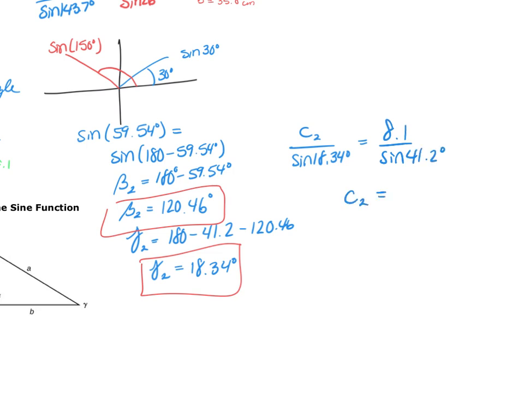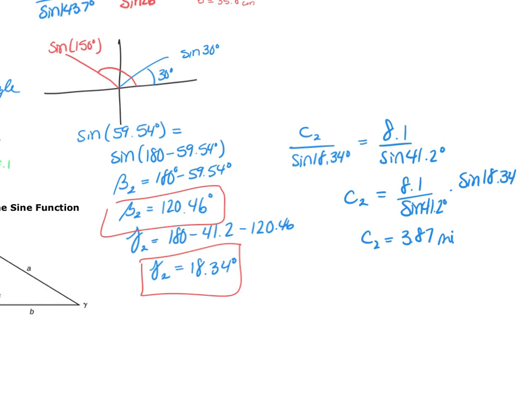So my C sub 2 is going to be 8.1 over the sine of 41.2 multiplied by the sine of 18.34. I'm going to put that in my calculator. 8.1 divided by the sine of 41.2 and multiply that answer by the sine of 18.34, and I get my C sub 2 to be 3.87 miles, I believe it is.